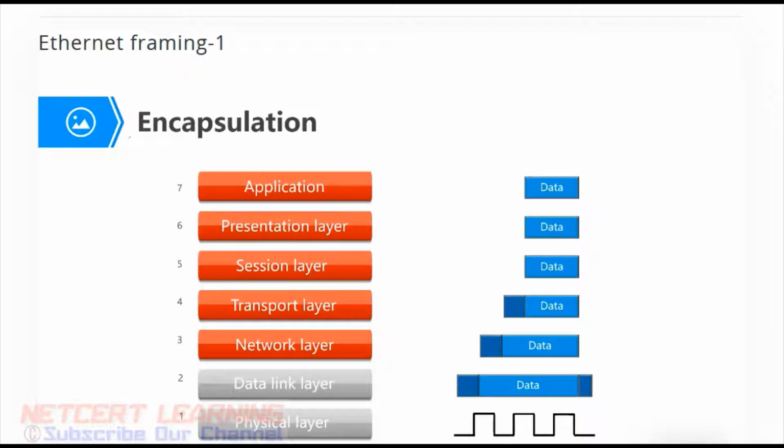Okay, here is the encapsulation of the data. That means, for example, we process the data from layer 7 to layer 1. People use the data at layer 7 to see the picture, to see the video.